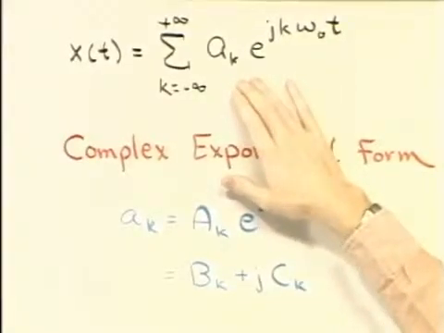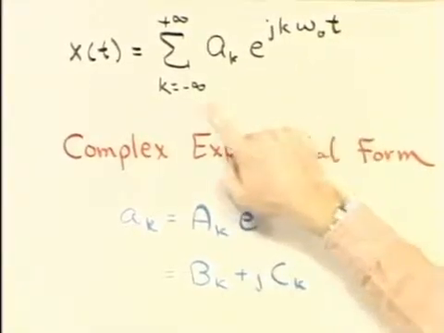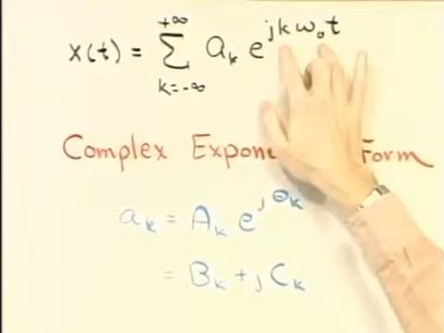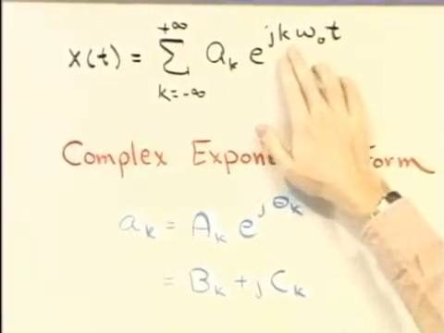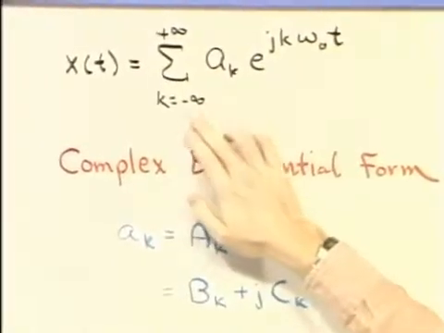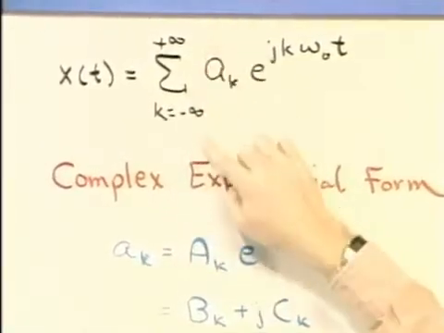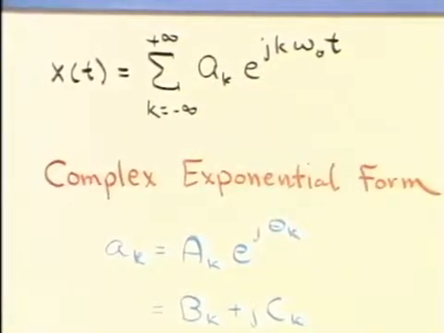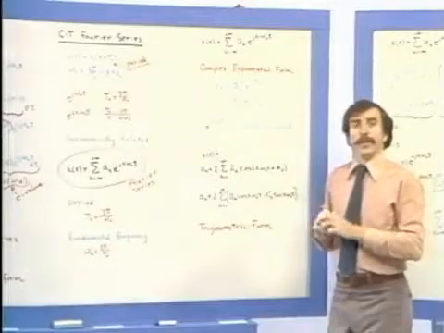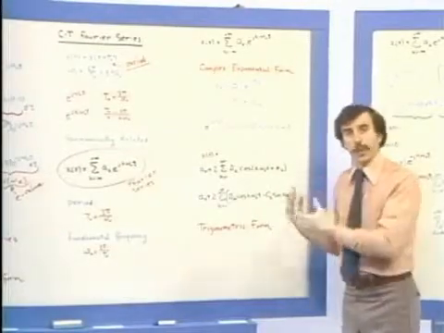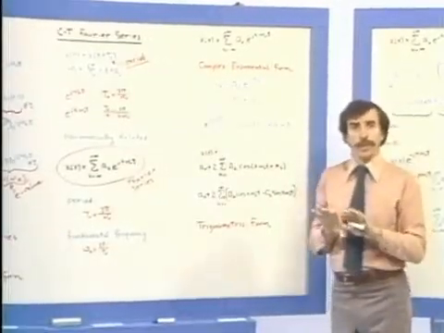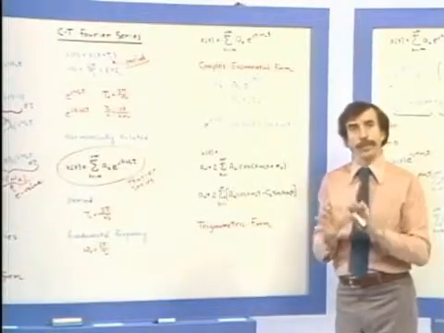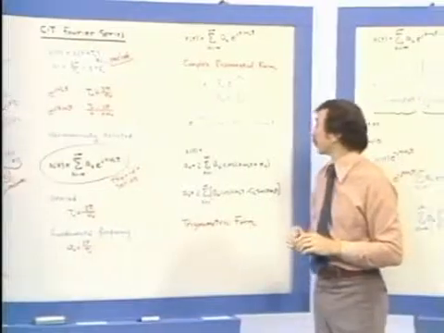And it's important to note, incidentally, that this summation involves frequencies, k omega 0, that are both positive and negative. In other words, this index k runs over limits that include both negative values and positive values. Now, that complex exponential form is one representation for the Fourier series. And in fact, it's the one that we will be principally relying on in this course.